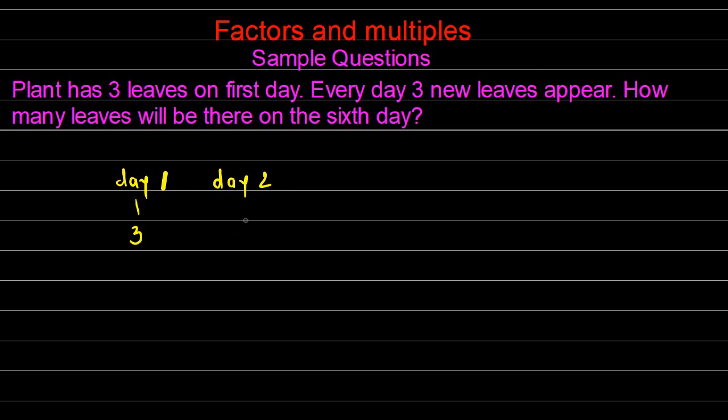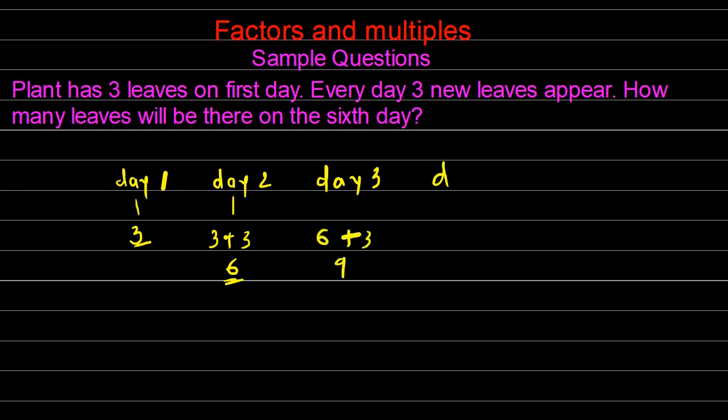So every day 3 more leaves will appear, isn't it? So day 1 was 3, day 2 will be 3 plus 3, that is 6. Day 3 it will be previous day 6 plus 3, that is 9.